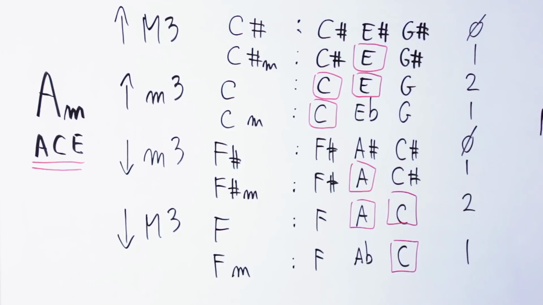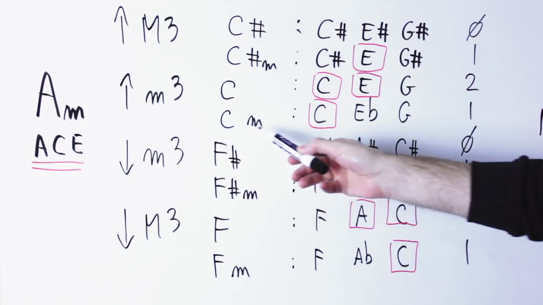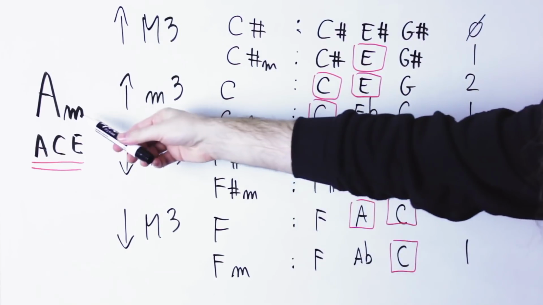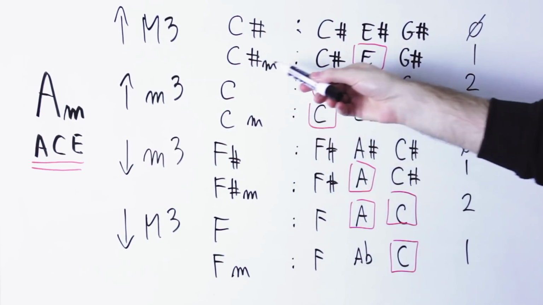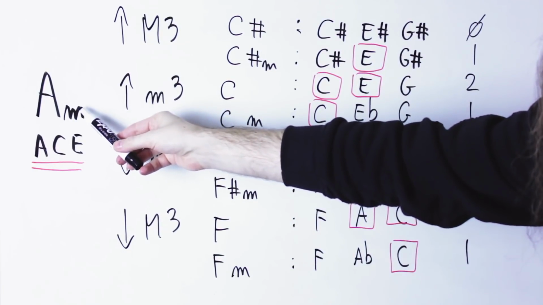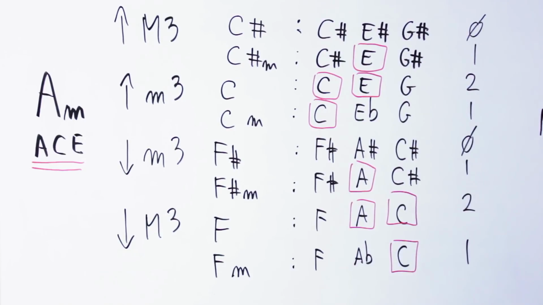More interesting are the progressions where only one note is in common. We're gonna call these simple chromatic mediant or just chromatic mediant. And those chord progressions are A minor C minor, A minor C sharp minor, A minor F minor, and A minor F sharp minor.